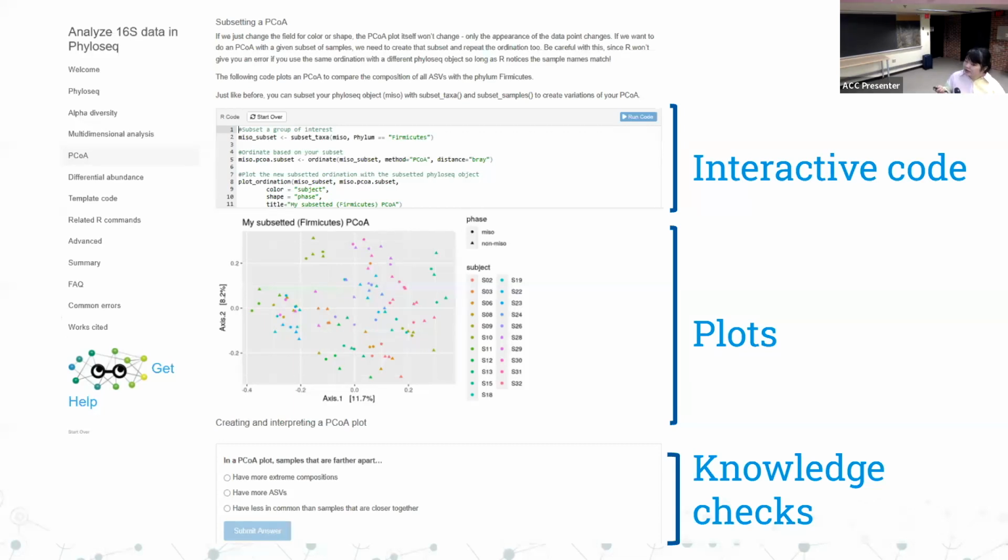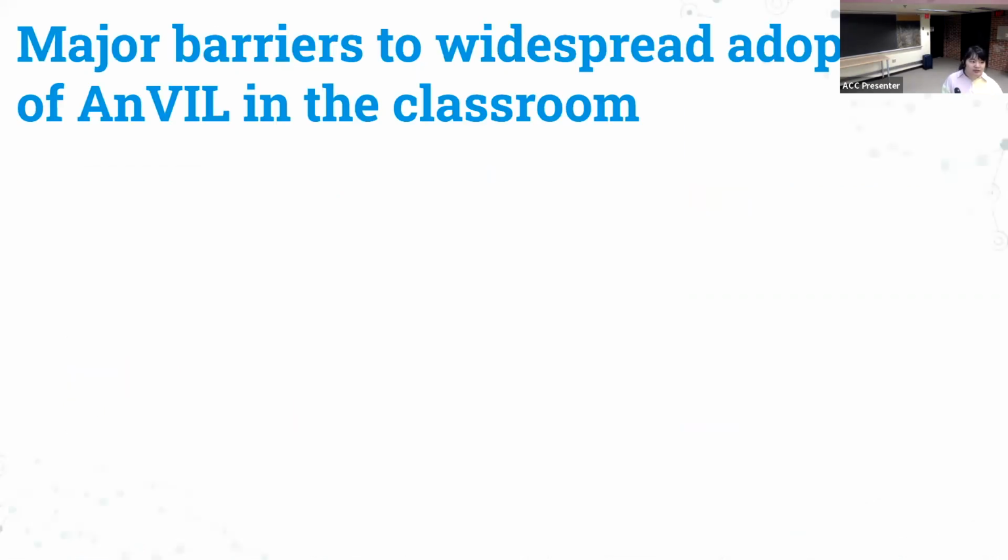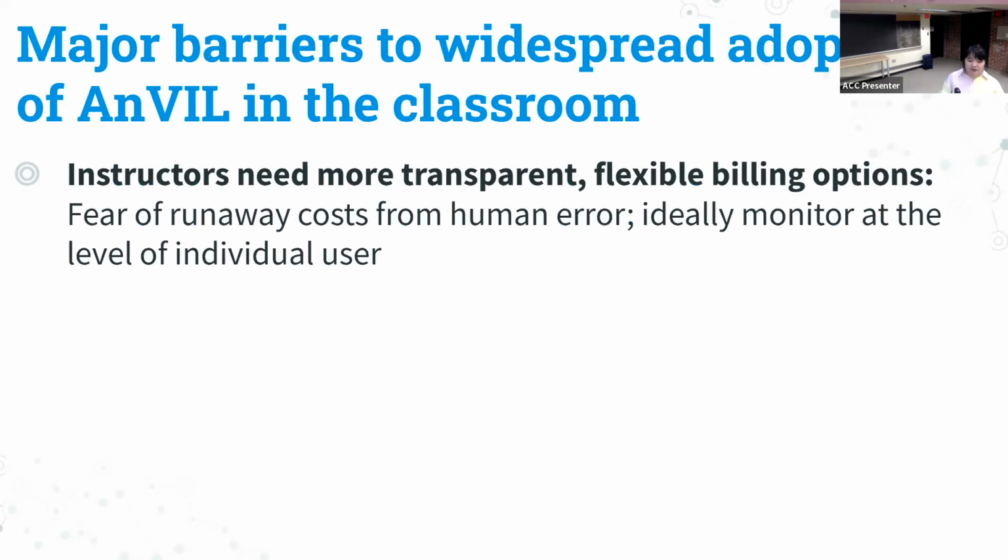Some of the problems that have cropped up, within the next 6 months, need to be addressed before AnVIL can be released as an educational platform to the public as a whole. Instructors need more transparent and flexible billing options. If you have taught a class recently, you know that students will forget to put away their physical lab materials.